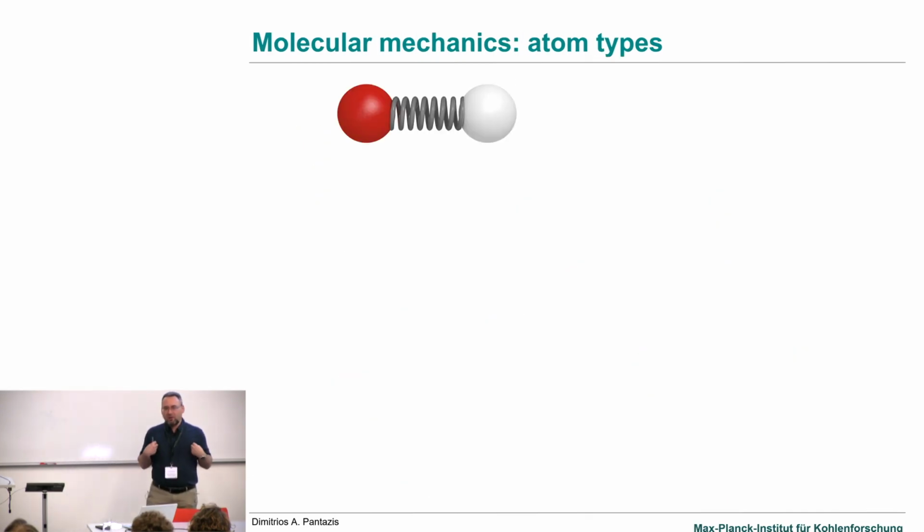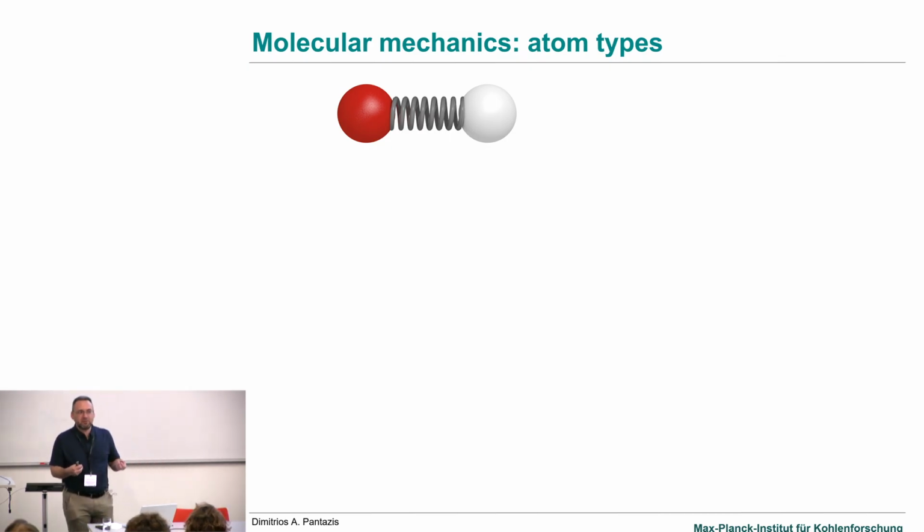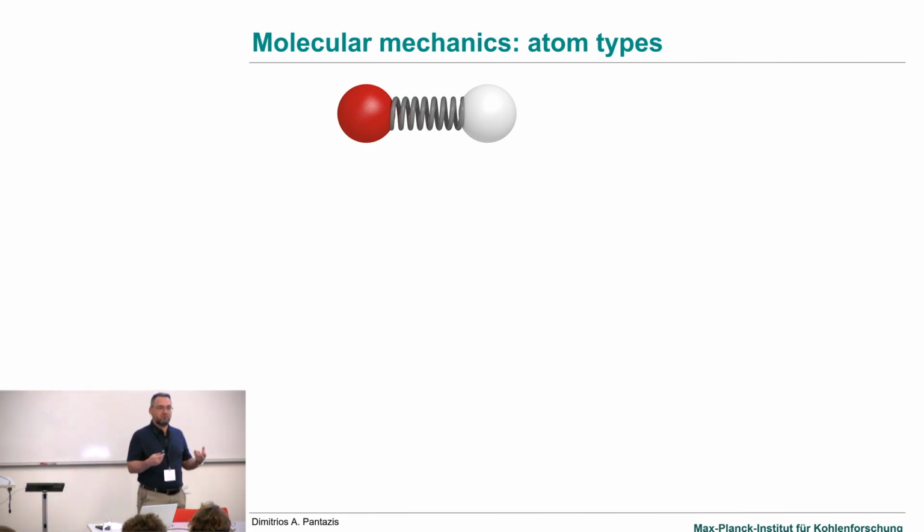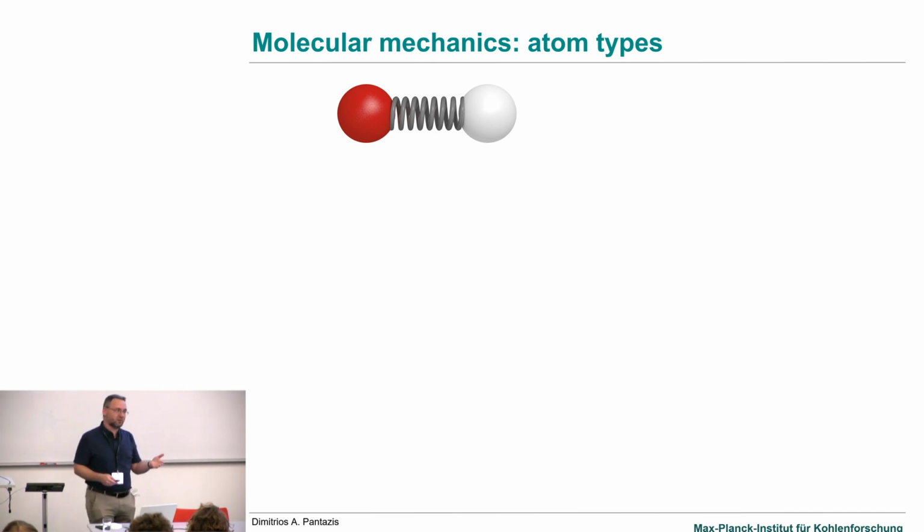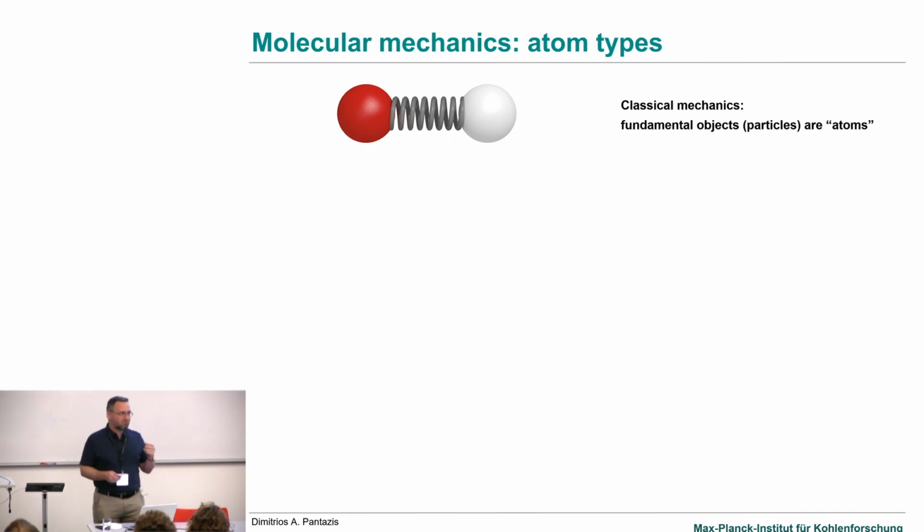So our intuitive picture of molecules is a classical picture, the picture of molecular mechanics. No matter how many high-level quantum mechanical calculations we can do on a molecule, eventually, if we want to say I did this on that molecule, we're going to draw something that is purely a classical abstraction. So in classical mechanics, the fundamental objects are atoms.